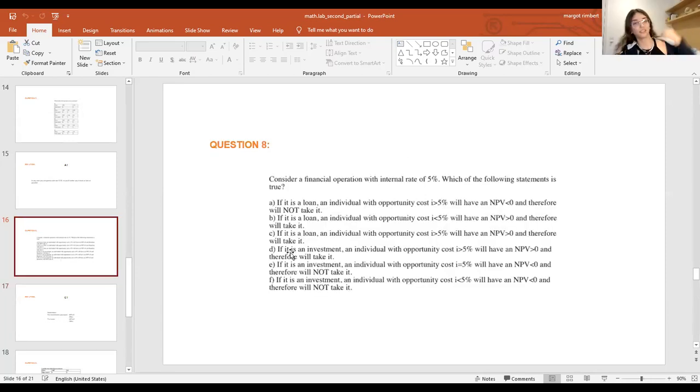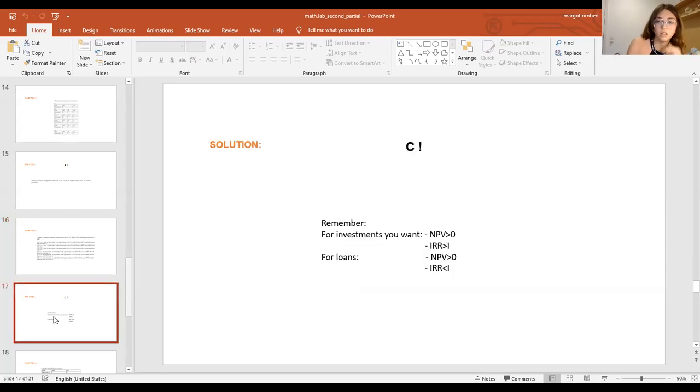Actually, wait a second. Then see, it's if it's a loan, an individual opportunity cost that is greater than 5 will have an MPV that is greater than 0, and therefore you will take it. But for a loan, if the MPV is greater than 0, it means that, yes, exactly, the opportunity cost of capital is higher than 5%.